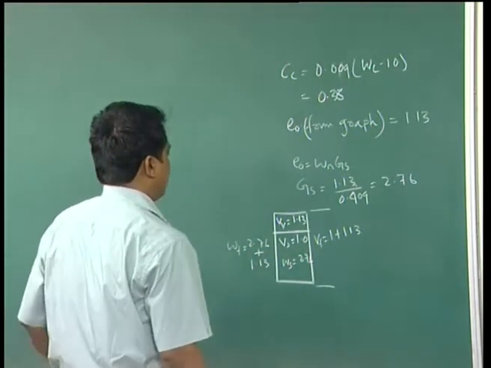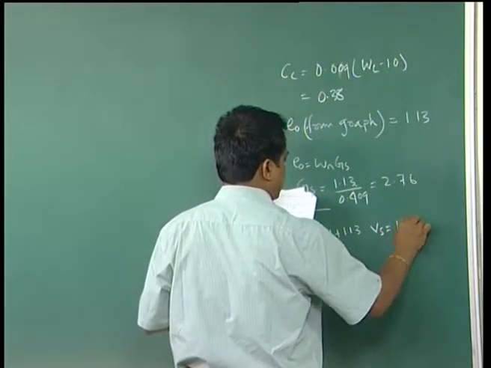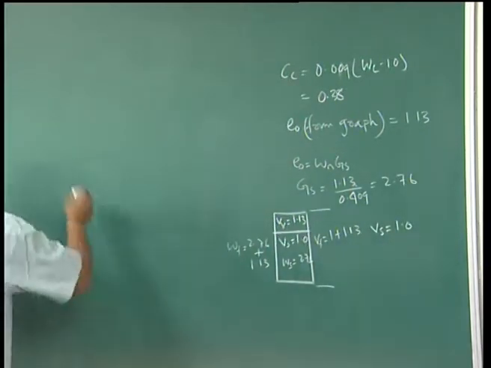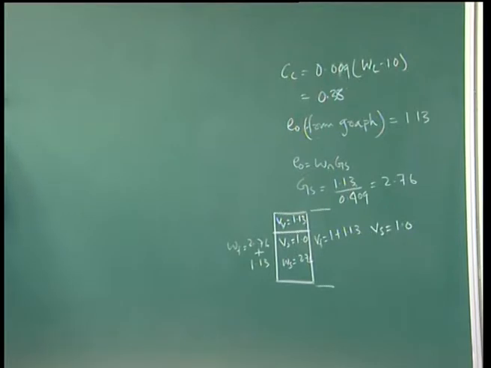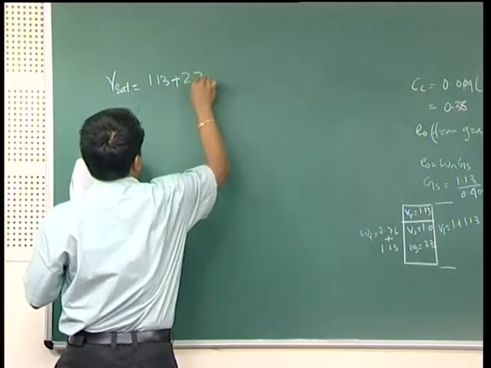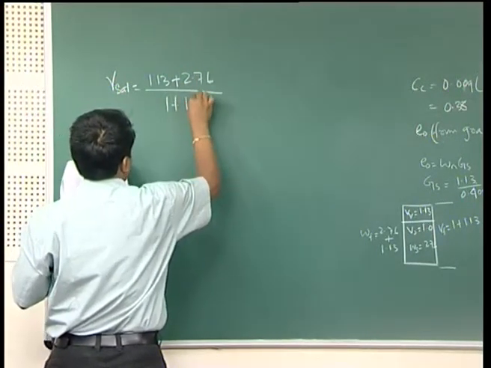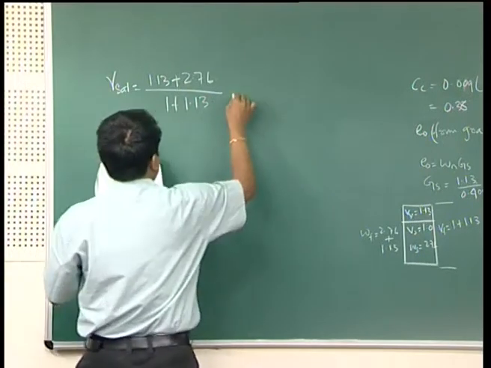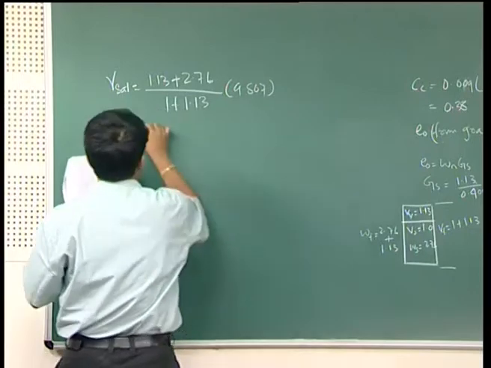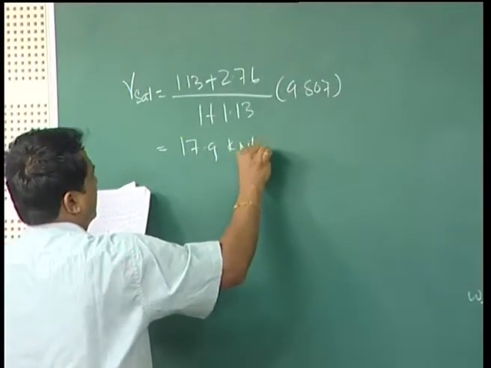Taking block diagram where the assumption is volume of solid is equal to 1.0. So, from there you can calculate gamma saturated is equal to 1.13 plus 2.76 divided by 1 plus 1.13 into 9.807, which is equal to 17.9 kilonewton per meter cube.